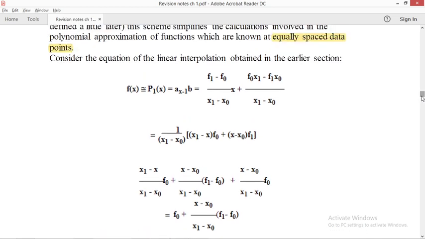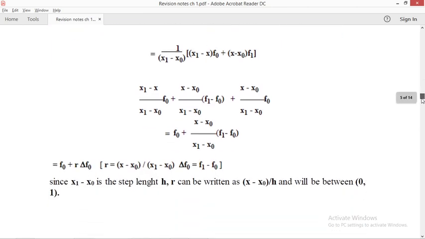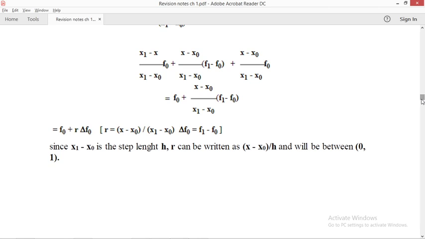This formula is very important. Here, x1 minus x0 is the step length h, and r can be written as x minus x0 divided by h. The value is always between 0 and 1.